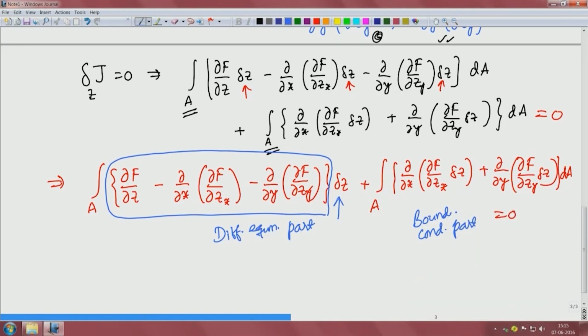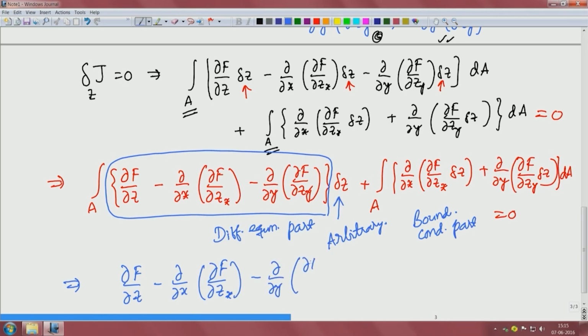When this is 0, since delta z is the variation and hence arbitrary, we get the differential equation, which is dou f by dou z minus dou by dou x of dou f by dou z x minus dou by dou y of dou f by dou z y, that is equal to 0.